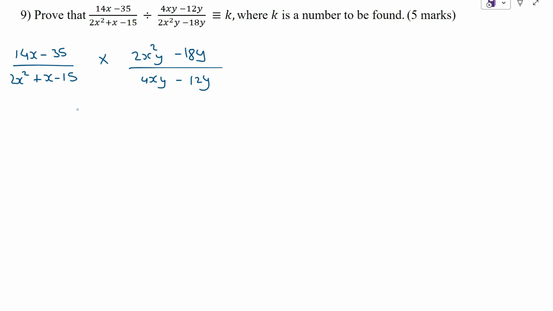Let's go ahead and factorize to see if we can cancel anything out. So in this numerator here, we can see that 7 is a common factor, so let's take that out. If we try and factorize this denominator here, two numbers multiply to give us 15 and add or subtract to give us 1.